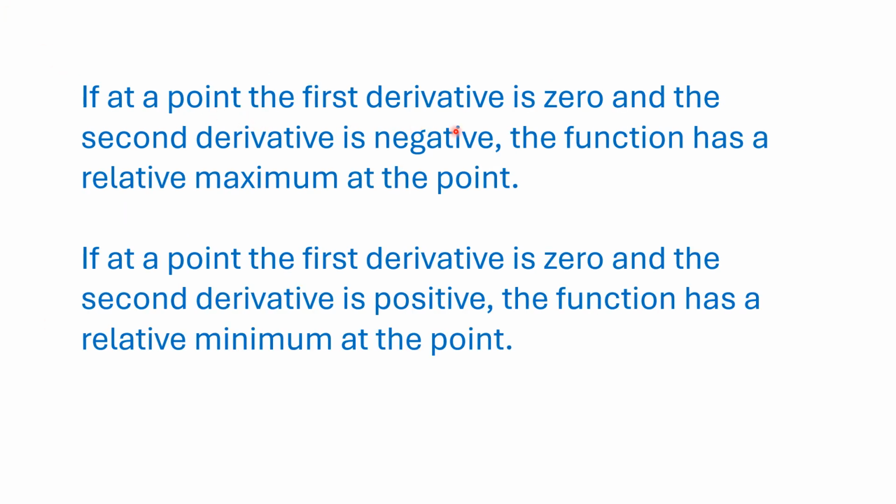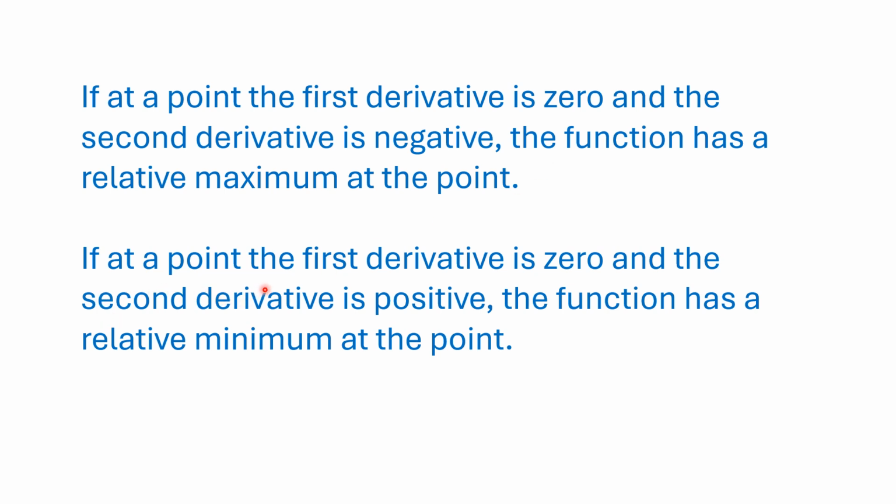If at a point the first derivative is 0, and that comes from the first test, and the second derivative is negative, the function has a relative maximum at that point. So first we get the candidate for relative maximum, the first derivative is 0, and then we check the second derivative.